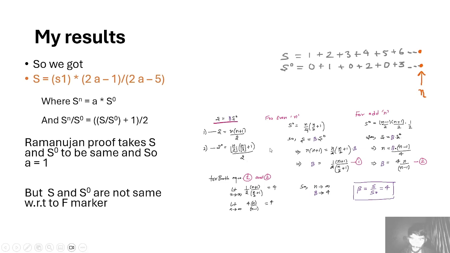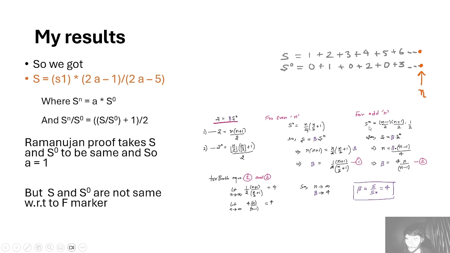Now, since it contains this floor operator, we will divide the cases. First we will solve for even n, and then we'll solve for odd n. For solving even n, we'll get S naught as this equation, n by 4 in the bracket, n by 2 plus 1. And then we'll use these two equations, S and S naught, to compute the value of beta, and we'll label this as equation 1.